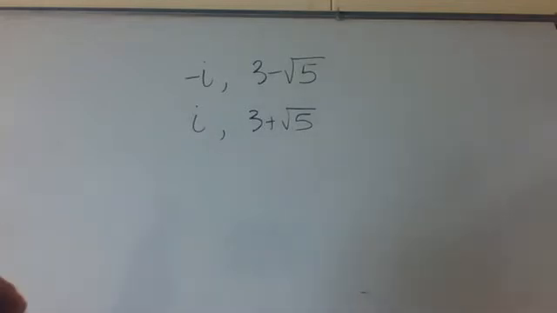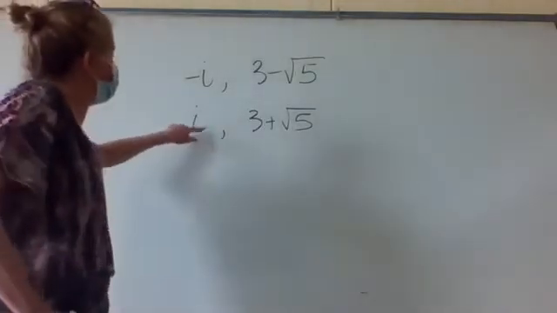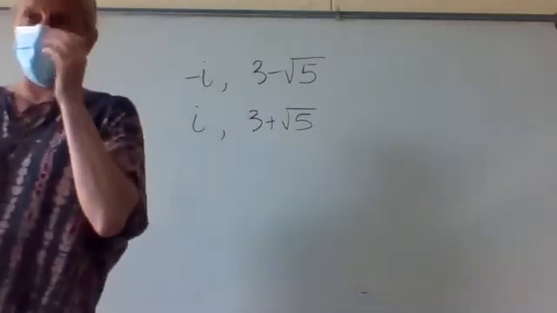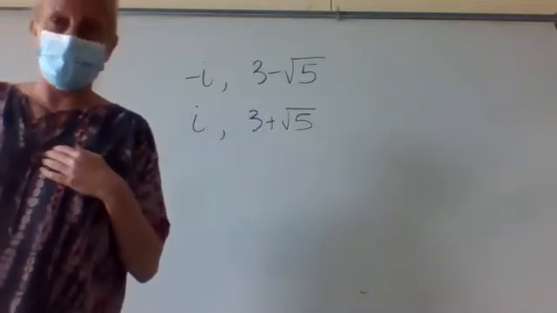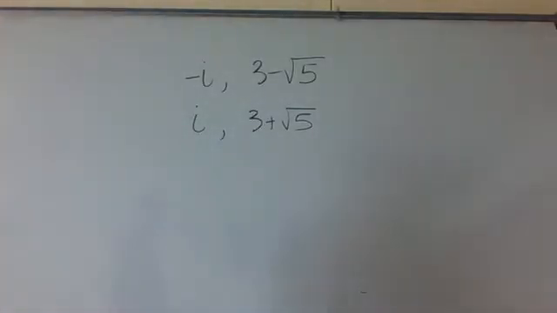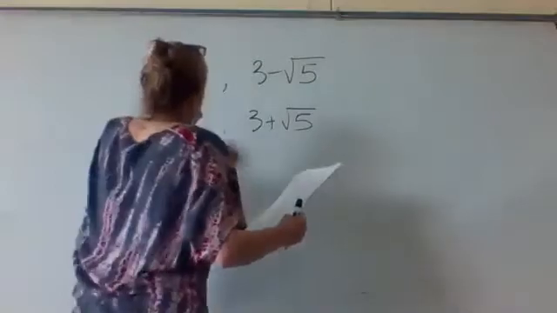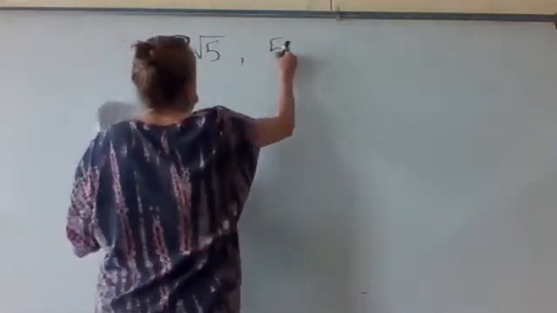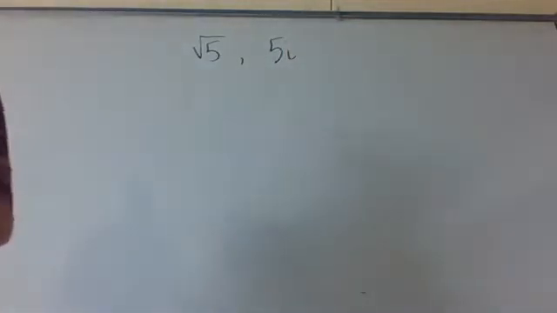Number 13 is going to ask us to find the other zeros and also come up with the polynomial function that they came from. So number 13, it tells me that the square root of 5 is a 0, and it also tells me that 5i is a 0.